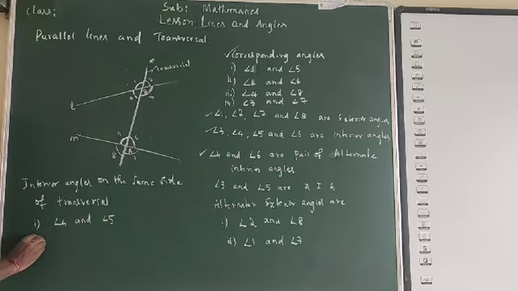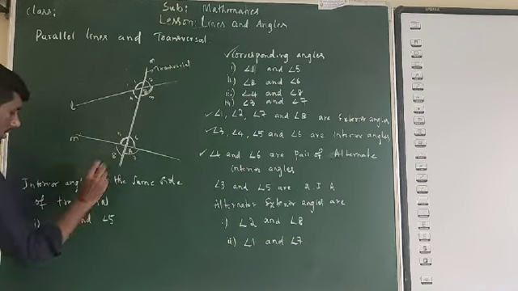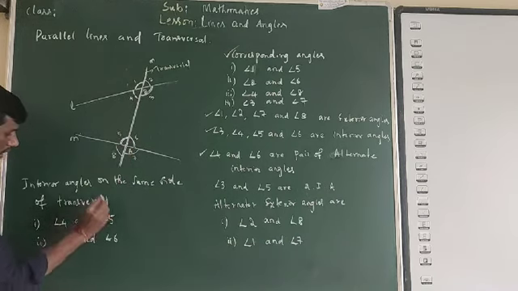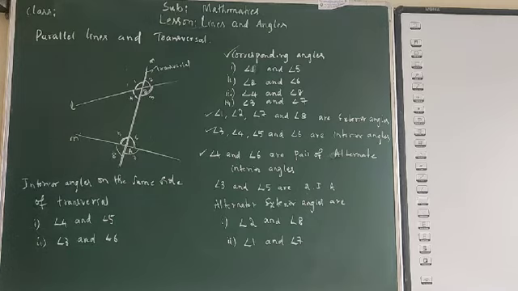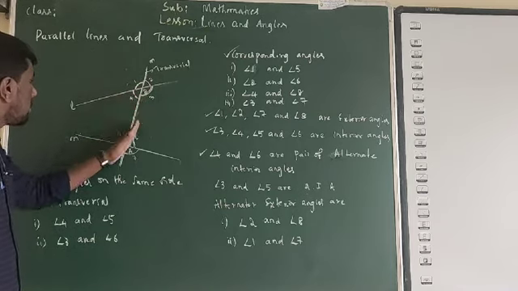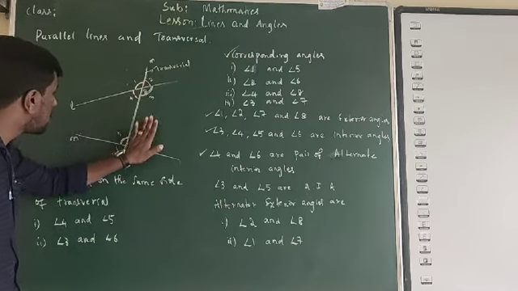Another pair: angle 3 and angle 6. So 4 and 5 are the interior angles on the same side of the transversal, and 3 and 6 are the interior angles on the same side of the transversal.